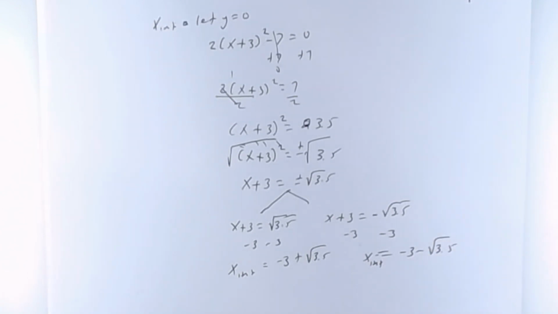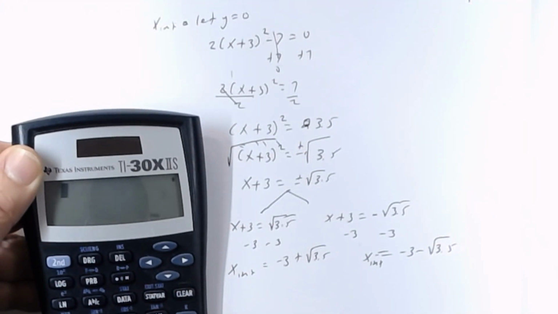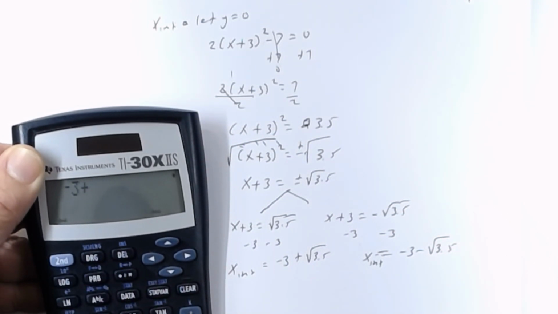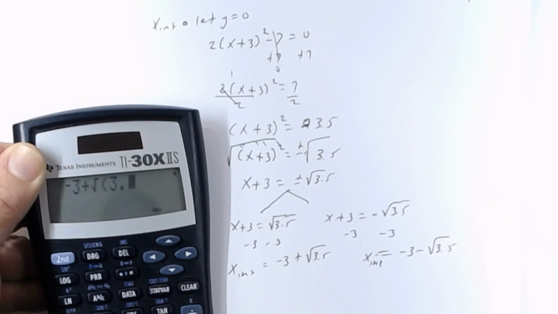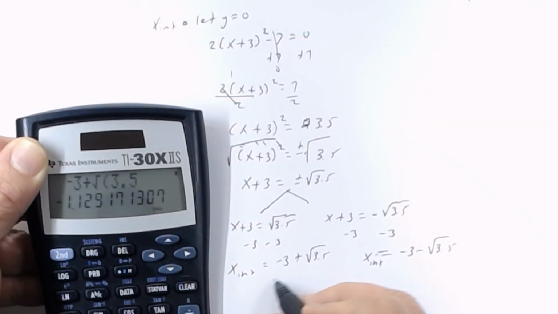All right, so round that to the nearest tenth. Make sure you know how to use your calculator. So you're going to say negative 3 plus the square root of 3.5 equals negative 1.1 for this one.